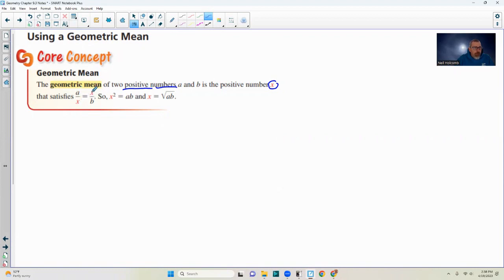So if you cross multiply this, you get x squared equals a times b. And then solving for x, you take the square root of both sides, therefore x equals the square root of ab. So we'll probably be using this more so than any other, but we can use all three actually, depending on what we were given. Okay. All right. So x squared equals ab, geometric mean.